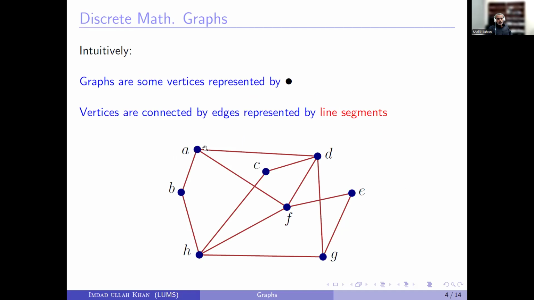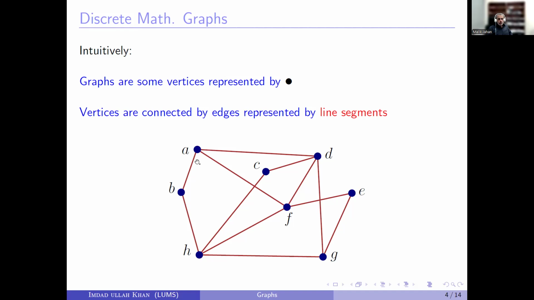We call them vertices. These blue dots are called vertices. Singular is vertex, and vertices are connected by lines. These line segments are called edges. So vertices and edges are the common terms which we'll be using again and again in all our discussions related to graphs.